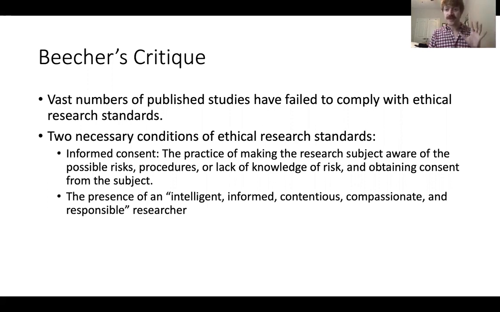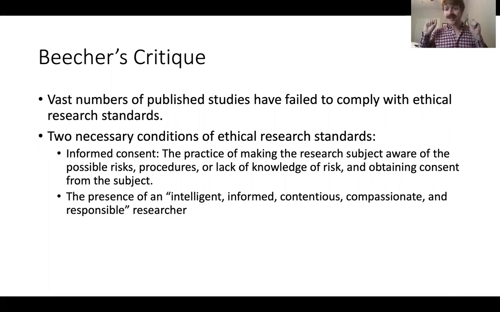First is informed consent. We're going to talk about informed consent a little later in the course in much more detail, but essentially, informed consent is the practice of making the research subject aware of the possible risks, the procedures, or the lack of knowledge of the risks, and thereby obtaining consent from the subject, right?